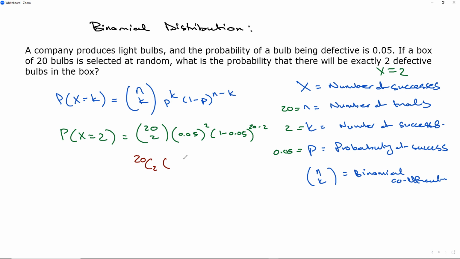And then 0.05 squared is the same as 5 over 100 squared, but 0.05 squared is 0.0025, and this is 0.95 to the power of 18. So 0.95 to the power of 18 comes to 0.397.